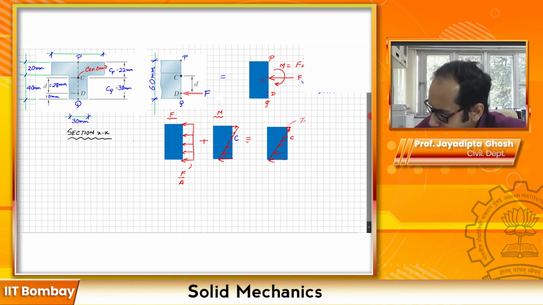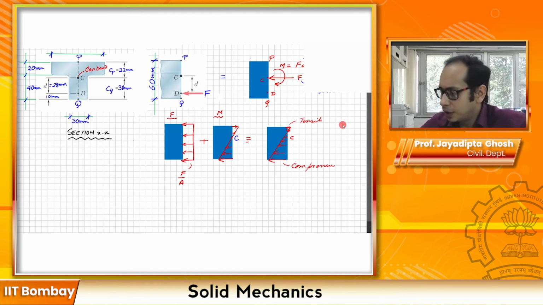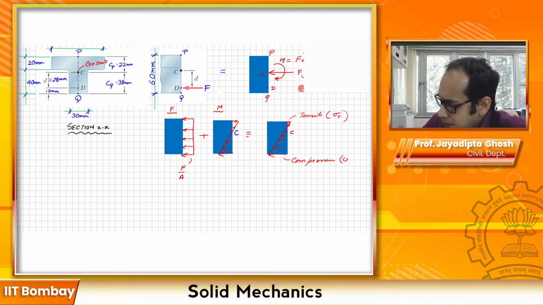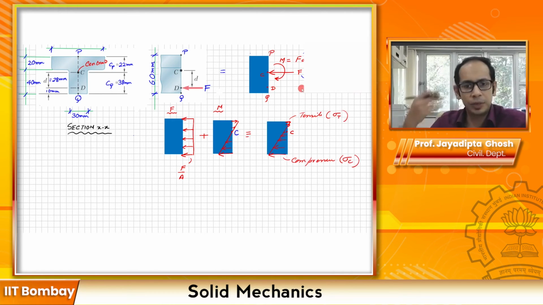So here is tensile. I'll just indicate this explicitly. So it is compressive. Right. So let us write the overall tensile stress that is there. So this is sigma, say, T, and this is sigma, say, C over here. So let me write the expression for sigma T first.